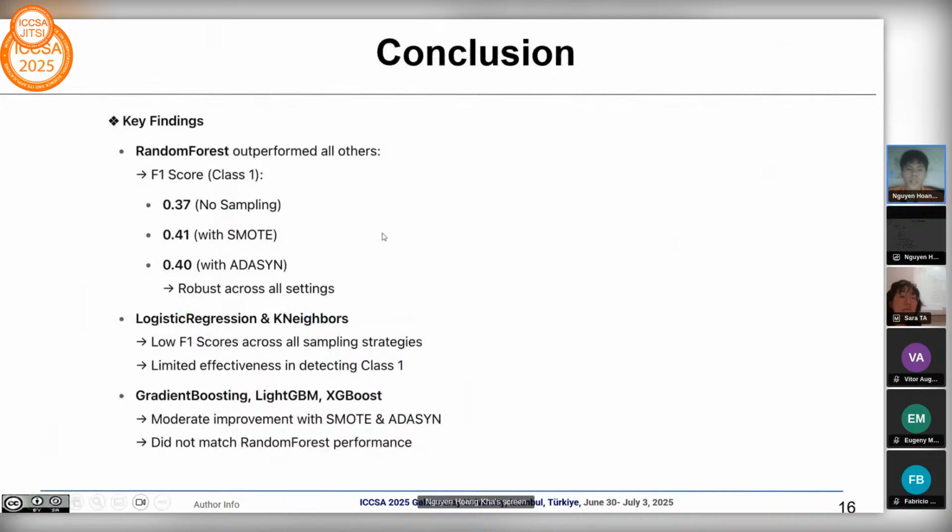We have 0.37 with no sampling, 0.41 with SMOTE, and 0.41 with ADASYN, and it is robust across all settings. Logistic regression and K-neighbor have low F1 scores across all sampling techniques, limiting effectiveness in detection. Gradient boosting like LightGBM and XGBoost show moderate improvement with SMOTE and ADASYN, but did not match the random forest performance.